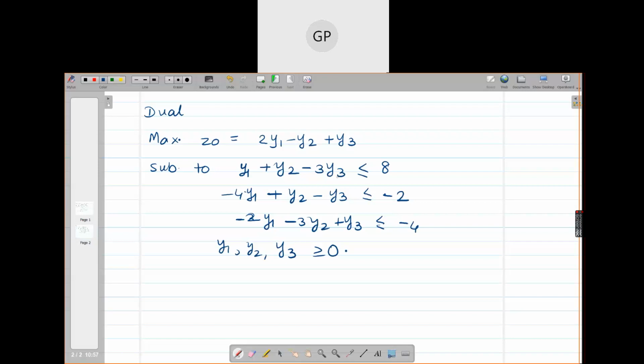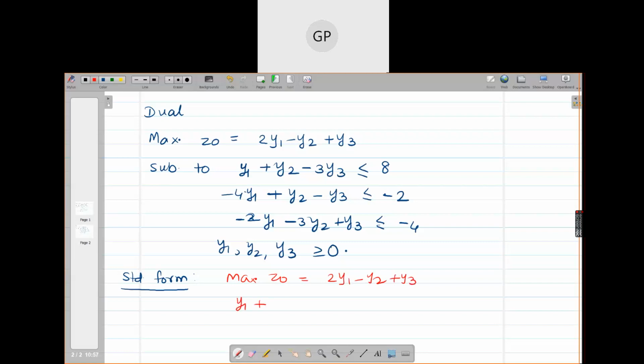Yes. So now find the standard form of this. Standard form: maximize z naught equal to 2y1 minus y2 plus y3.